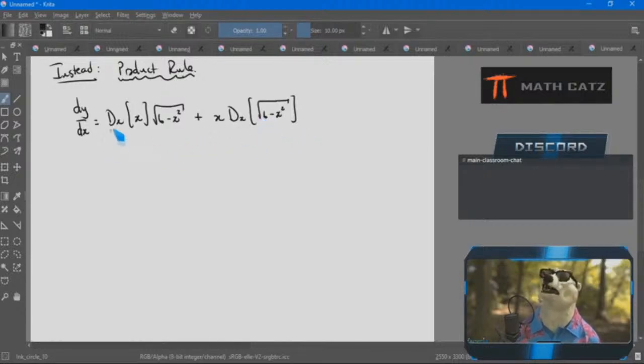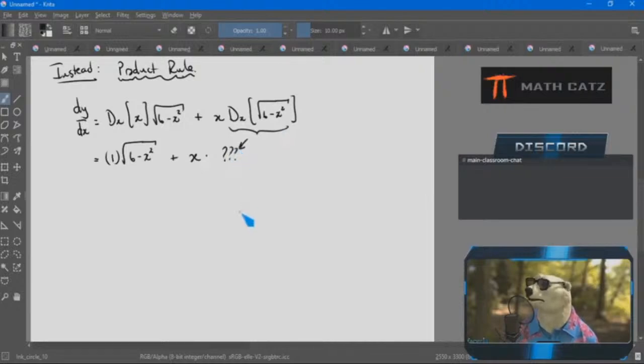The product rule pulled it apart and allowed me to isolate the pieces. So now the derivative of x is just 1. You can write the 1 there to show that I have considered that. It didn't just disappear. And then x, and then this guy that I need to figure out.